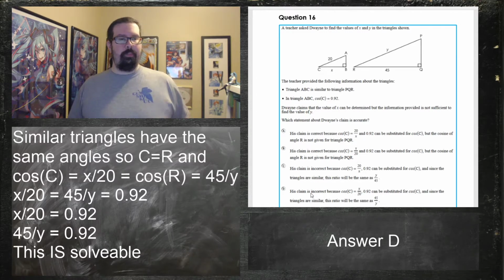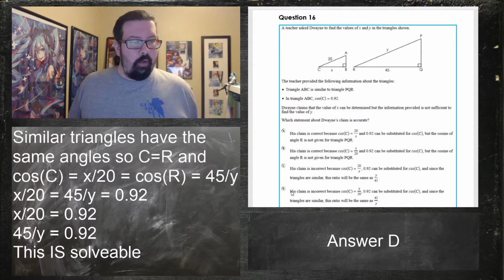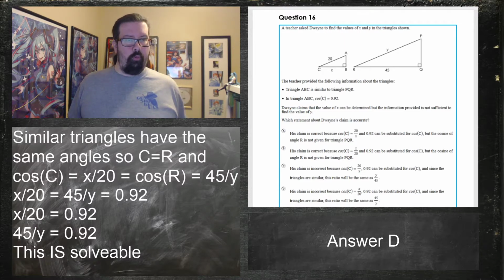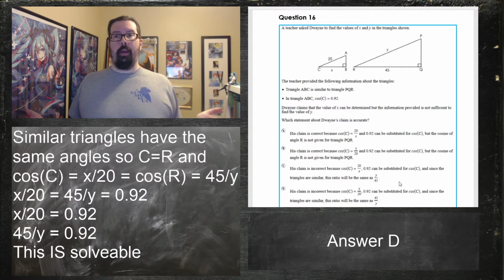But let's read it. His claim is incorrect because cosine of C is x over 20, and 0.92 can be substituted for cosine of C. And since the triangles are similar, the ratio will be the same as 45 over y. And that's exactly what we came up with.